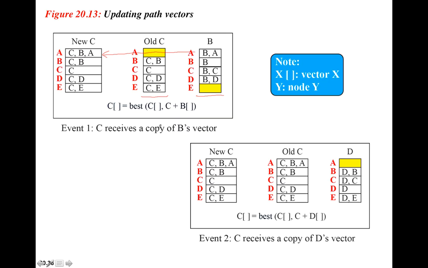So this is C receiving a copy of B's vector. Now we take this and place it here. Now C has received next the copy of D's vector. In this case, we have everything else remaining the same because we don't really have any other new information.